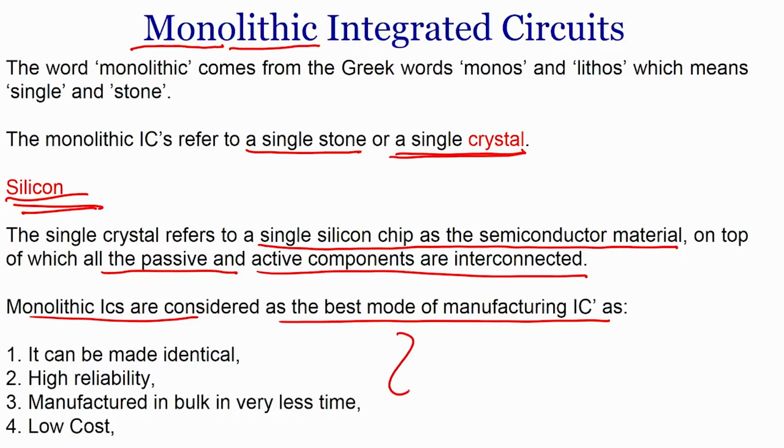So, because of these parameters, monolithic ICs are considered the best mode of manufacturing. Let us see once again: it can be made identical, high reliability, manufactured in bulk in very less time, and finally low cost. Together, these parameters make monolithic ICs the best mode of manufacturing.